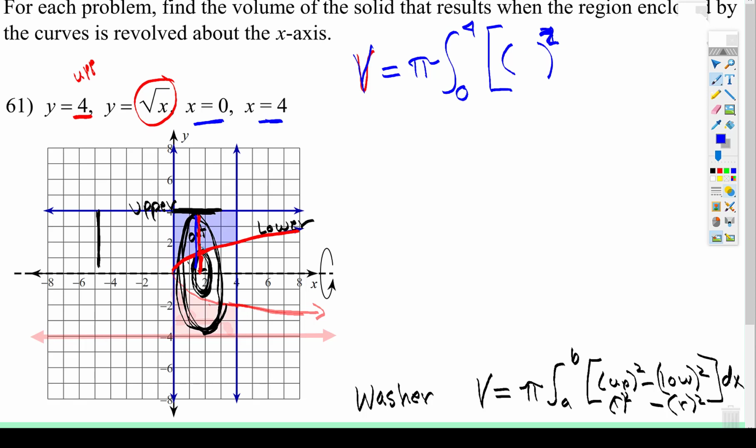Well, this radius is 4, so 4 squared, subtract the radius that's formed between the square root of x and the x-axis, square root of x, dx.